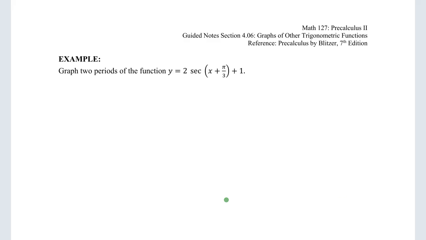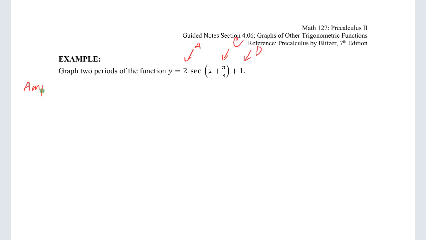Because as we can see here, we have the coefficient a in front of the function, which is 2. Okay, so we have here the value for a, value for b, and then value for c. Okay, sorry, this is value for c. There you go.